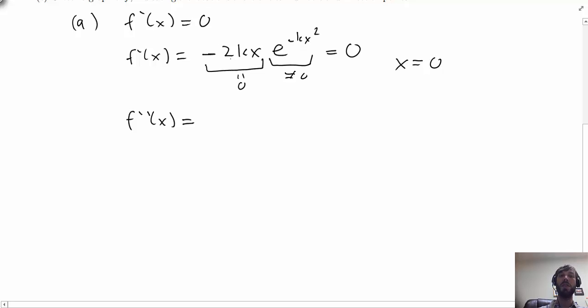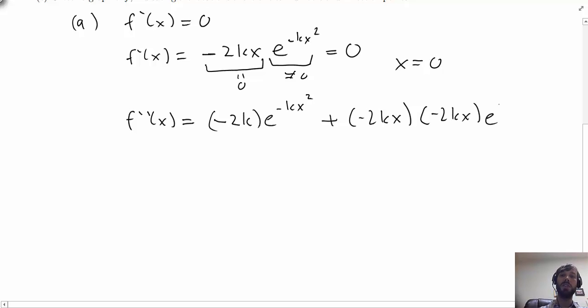We take the derivative of f, and remember, k is just a constant, so the derivative would just be negative 2k, and we multiply that by our second function. Then we add to that, we keep our first function fixed, and we differentiate our second function again, which we already did once, and receive this.